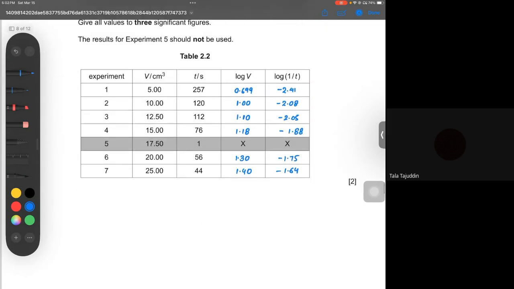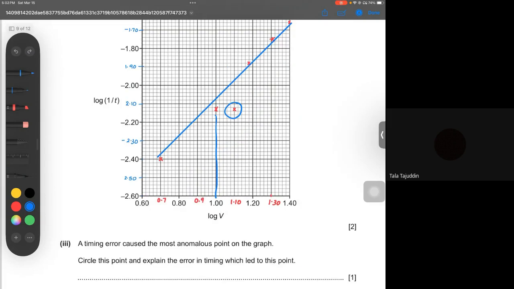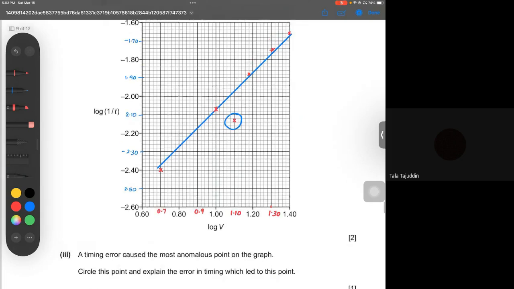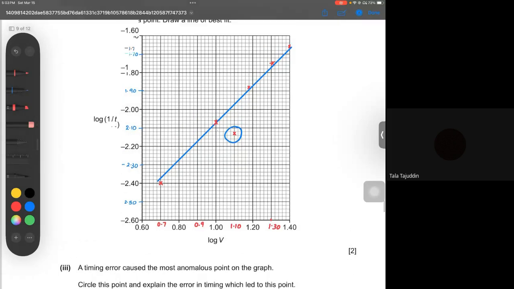So 1.00 was negative 2.08. 2.08 would be like that. I did it wrong. It's 2.08. In this way, you can draw your curve. It's a line of best fit.